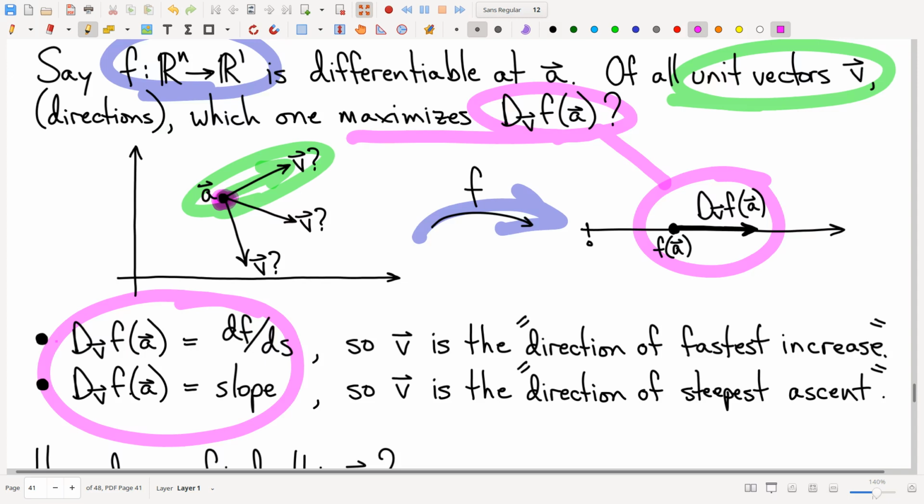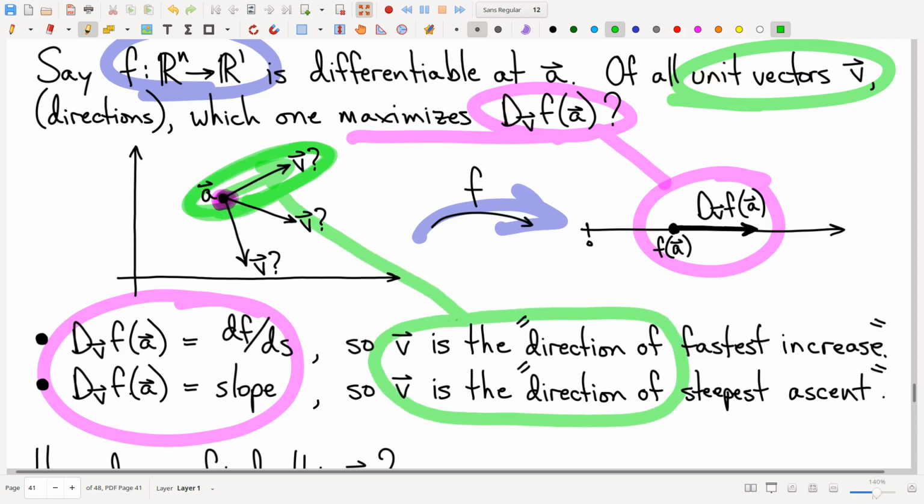Right? Okay, well, with that in mind, depending on which one of these interpretations you take, you can describe that direction different ways. The direction that makes the rate of increase of the function as big as possible means that it's the direction that makes the function increase as fast as possible. Isn't it reasonable then to call it the direction of fastest increase?